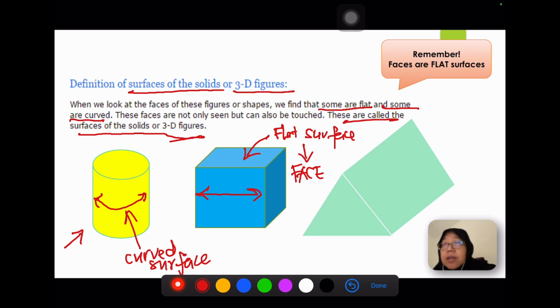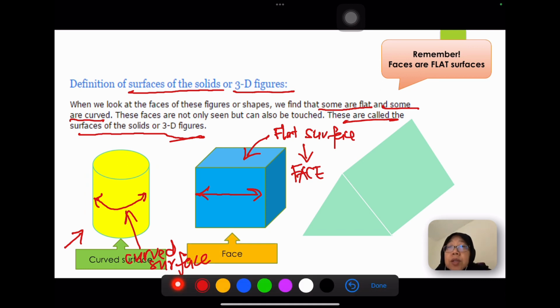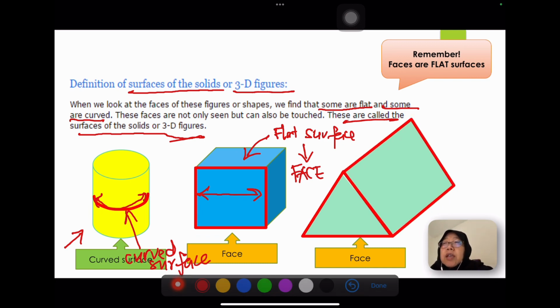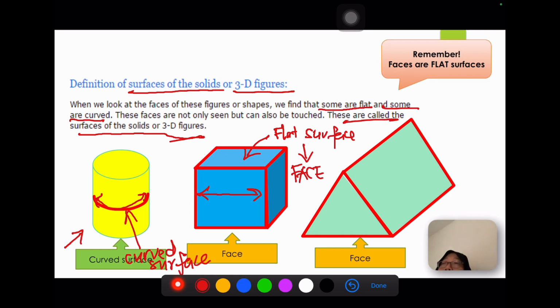You don't call it a face. So we have curved surface, face, and face. We have many faces for a cube and also a triangular prism, but for a cylinder, we have a curved surface.